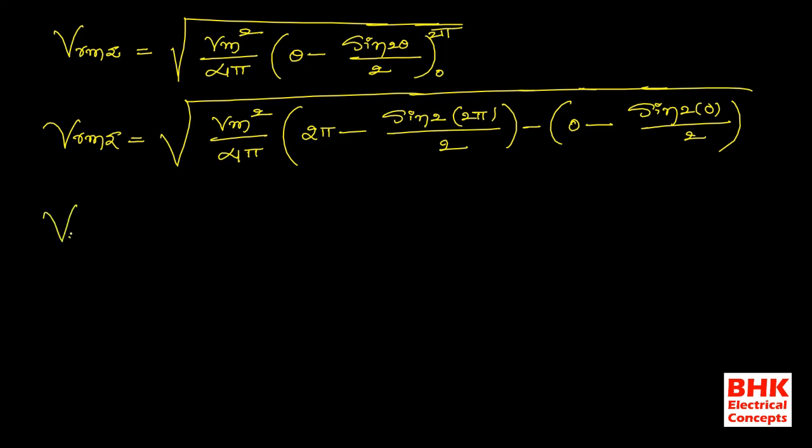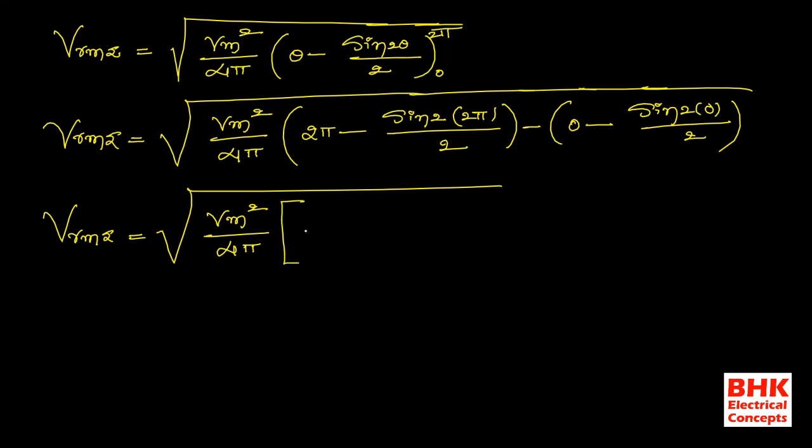So here VRMS is equal to square root of Vm square divided by 4 pi into, so this is 2 pi as it is, and here the numerator is completely 0 because sin 180 is 0, divided by 2, minus 0 minus sin 0 is also 0, so that's why 0 divided by 2.